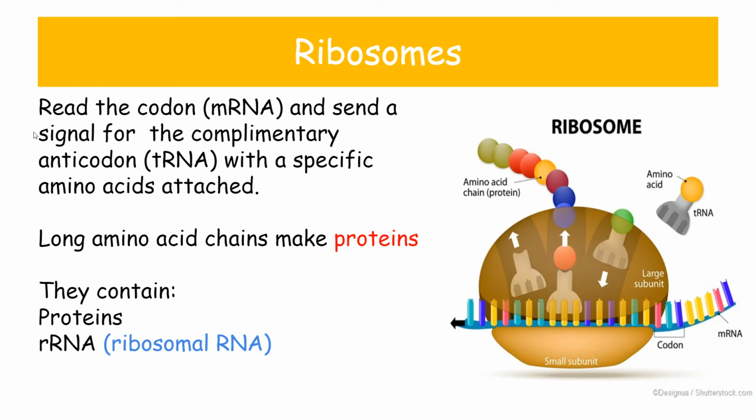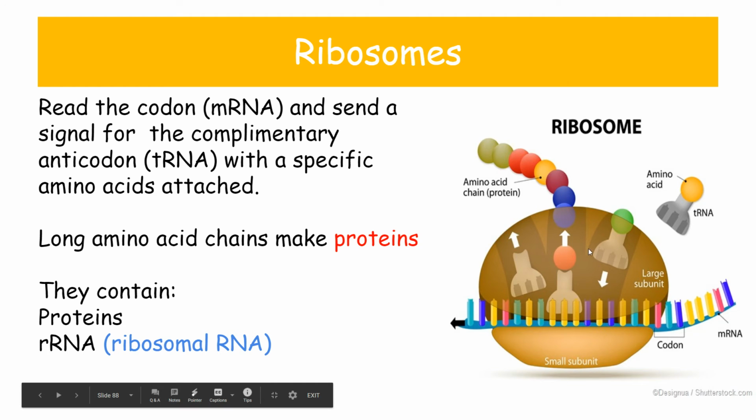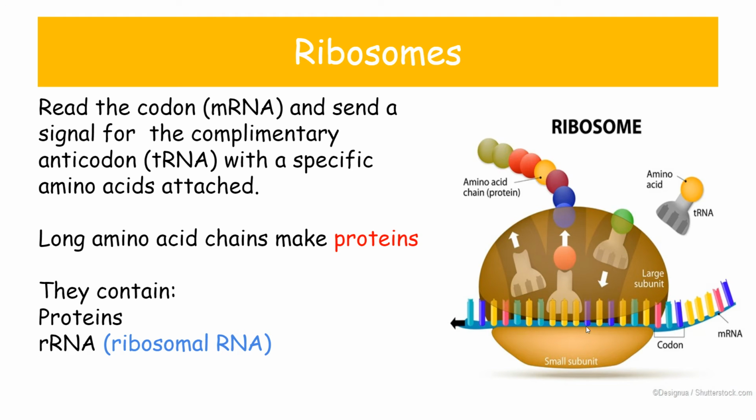Ribosomes. We've mentioned that protein synthesis will occur in the ribosome. So translation occurs in the ribosome. That's where the protein is actually produced. As it says here, the ribosome reads the codon and sends a signal for a complementary anticodon with a specific amino acid attached. So if you have a look at this diagram, this large orangey ball section is a ribosome, and you can see that we have our mRNA, which has come from the nucleus, and you can see that we have these structures here.